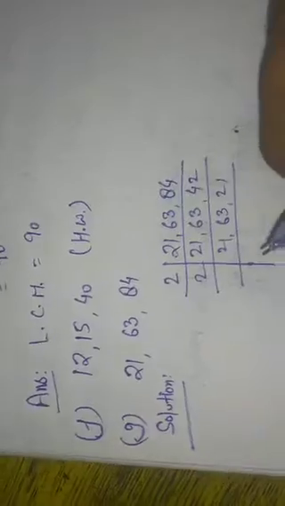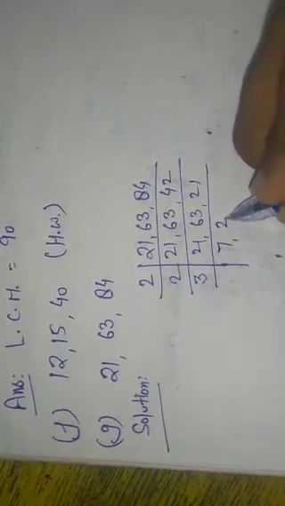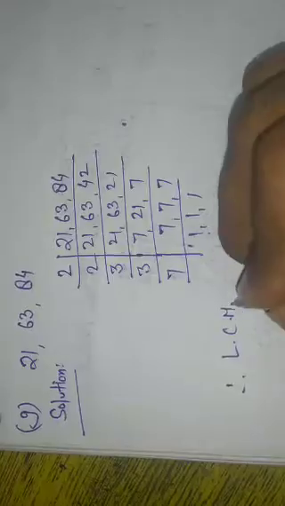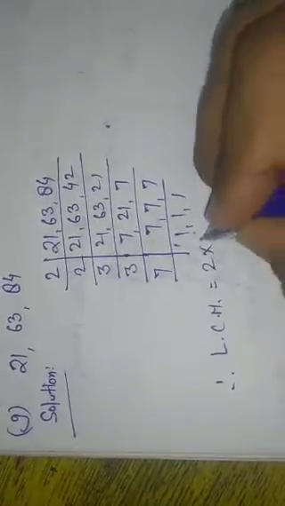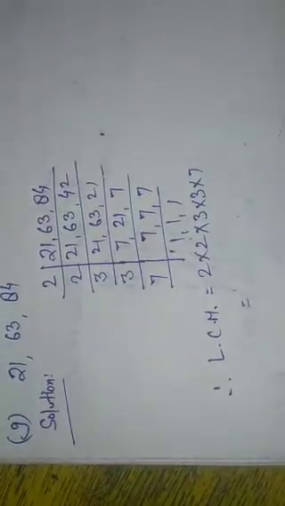Then I have seen that it will be easily divisible by 3, 3 7s are, 3 2s are, 3 1s are, 3 7s are. Then again 3, 7, 7, 7, then 7 1s are 1 1.